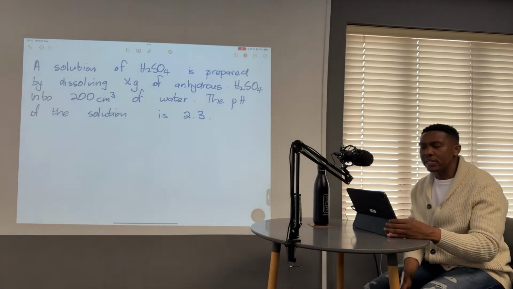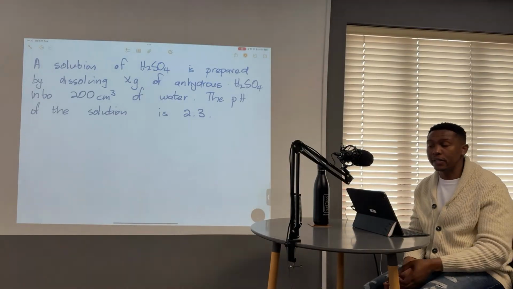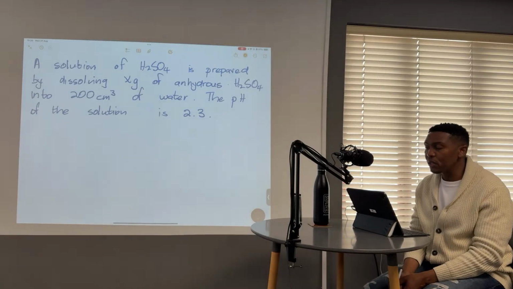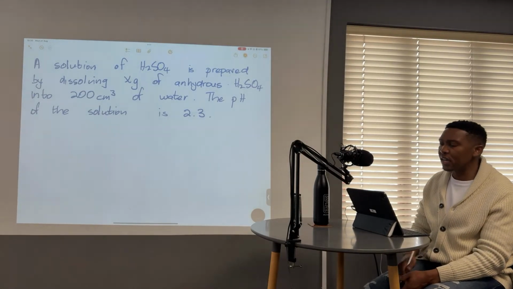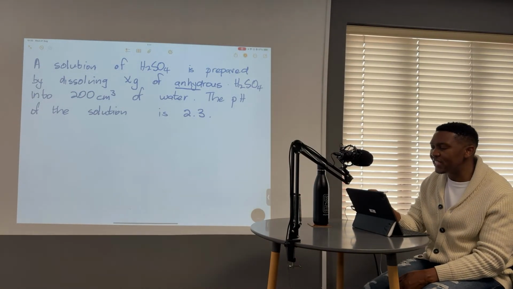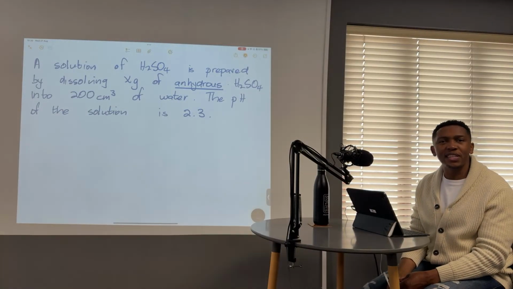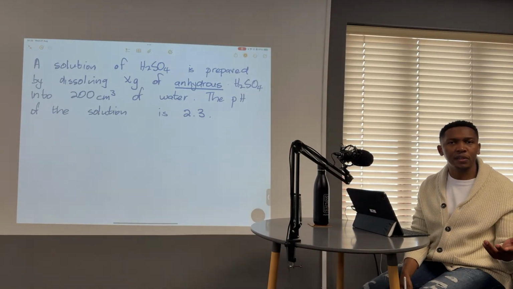So the question says a solution of sulfuric acid is prepared by dissolving X grams of anhydrous. Now, I'm giving these terms so that you know what they mean, okay?